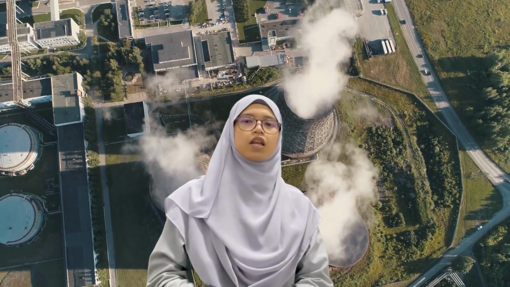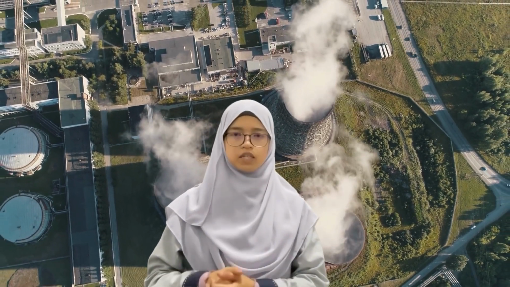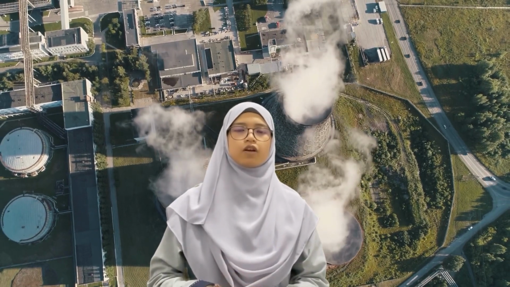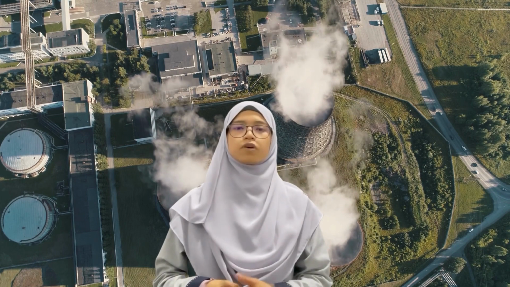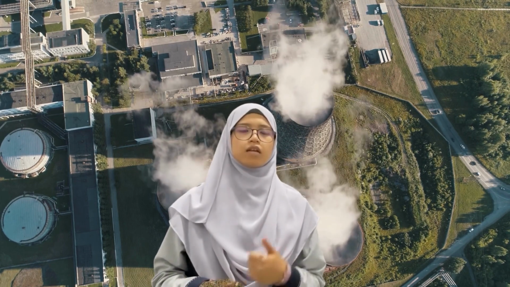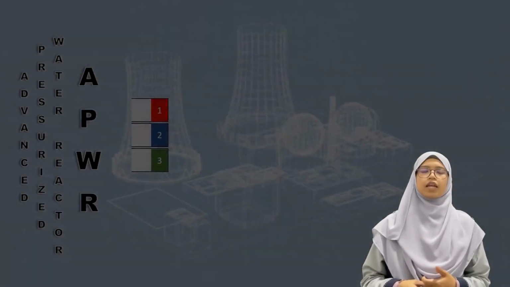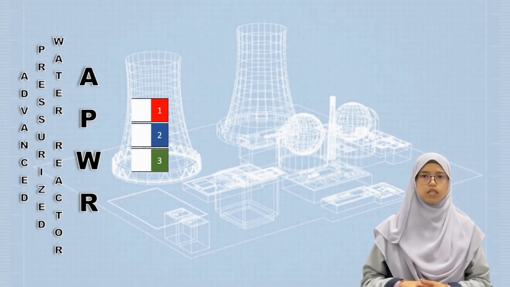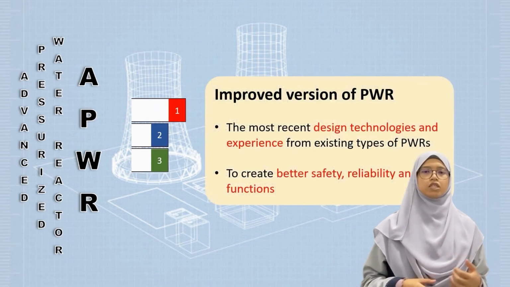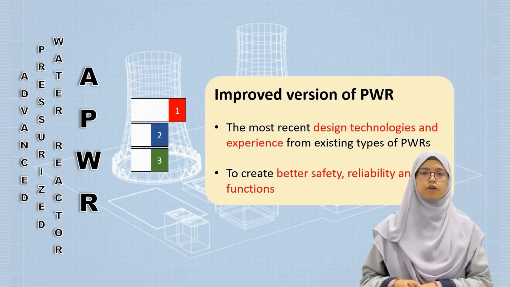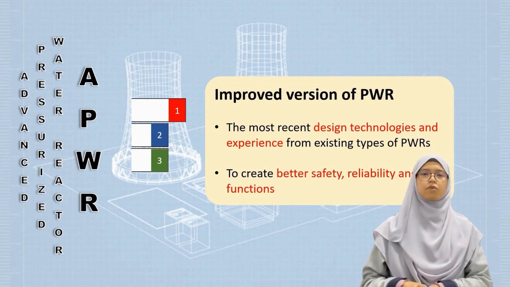As a lesson learned from the Fukushima incident, remarkable research and development is being done on a new generation of reactors to promote better safety, reliability, and functions. And APWR is basically the improved version of PWR. It is enhanced in terms of its design technologies based on experience from existing types of PWR.